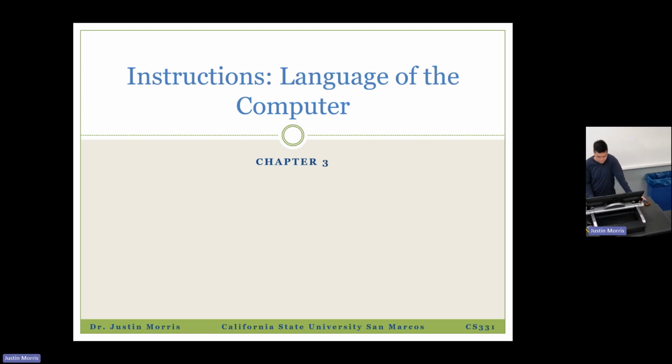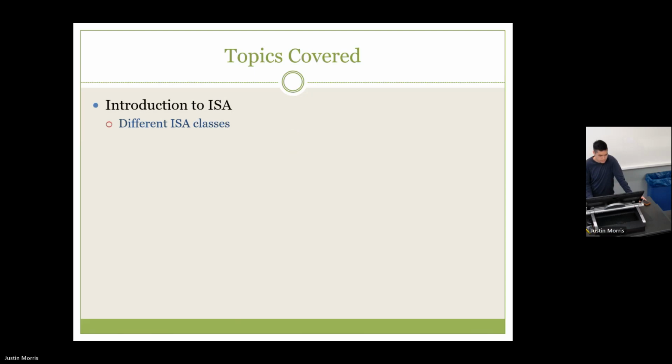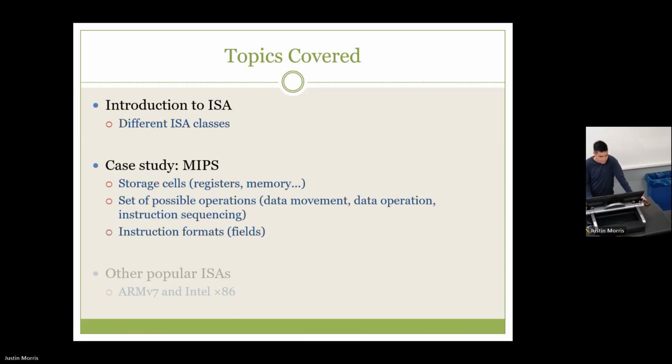This one is expected to take, of course, not all of the time, so let's get started. Again, we are still working on this part of the case study of MIPS. I'm going to finish the instruction formats by going over load word, store word, and jump.